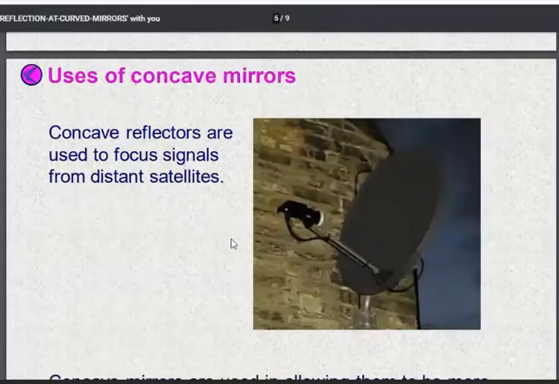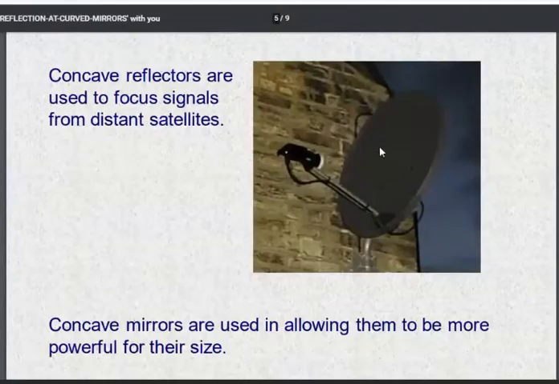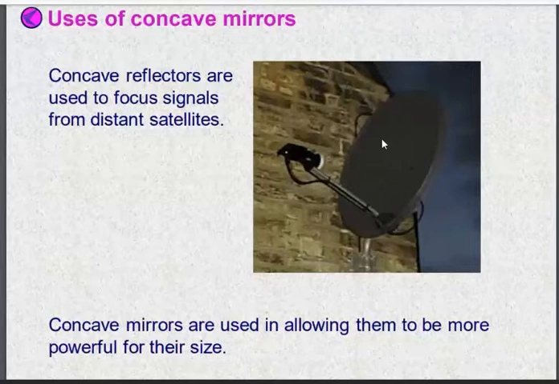Now, what is the usage of concave mirrors? Nowadays, you might have seen the DTH dish fitted at the roof of your house. If you see the shape of the dish, it is a little bit concave, because it is deeper at the center.